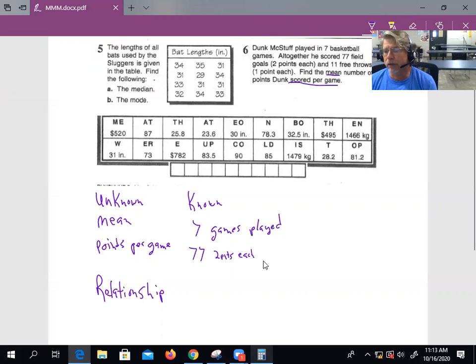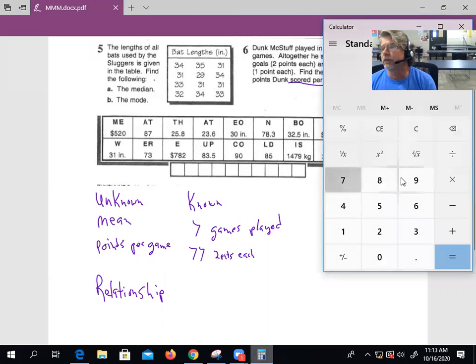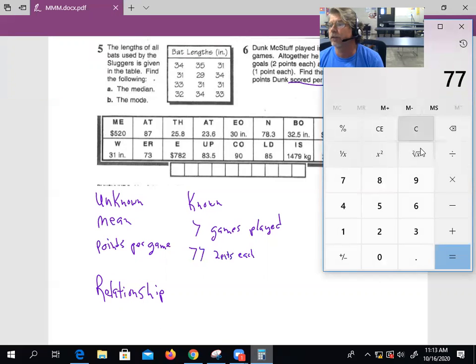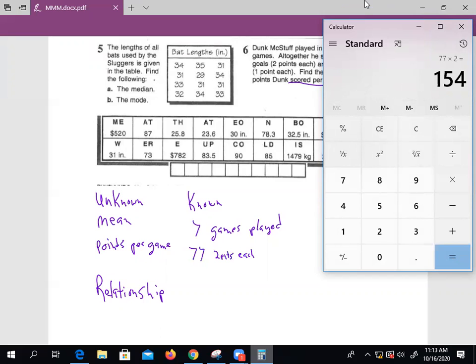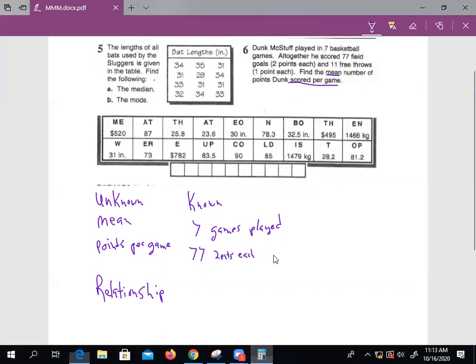So if we do that math, 77 times 2. I can't see my math here. There we go. I have to hide me. So that's going to be 154 points there. So in 7 games, he scored 154 points out of field goals.